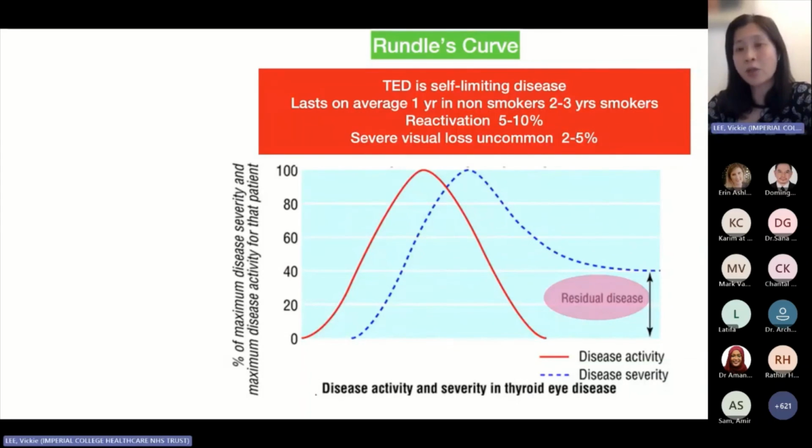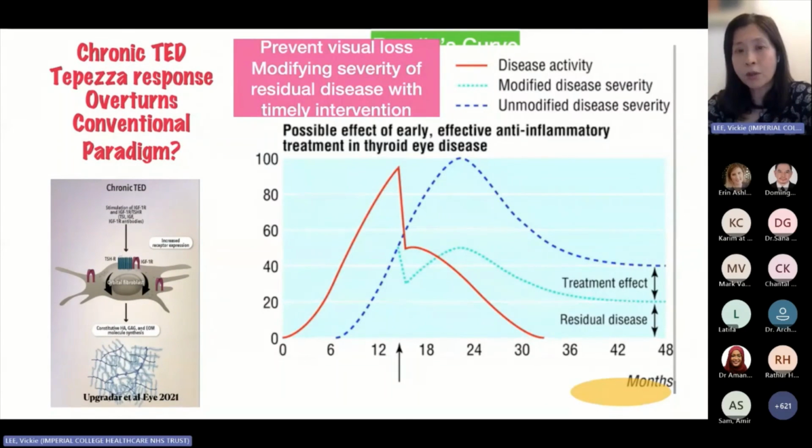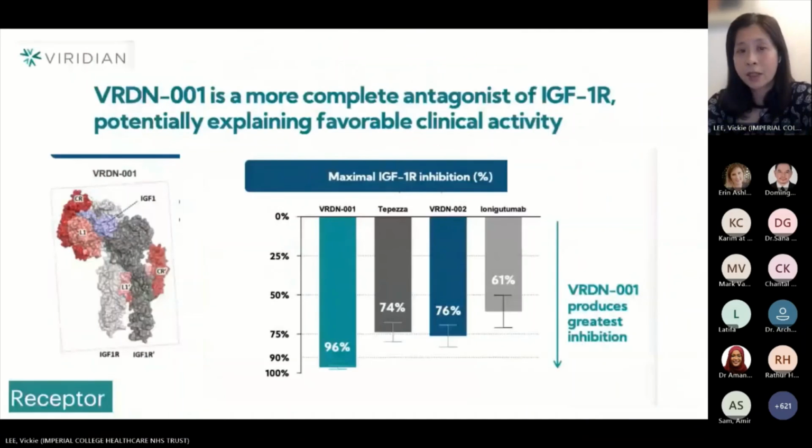It's a very comforting assumption that the eye disease reaches a peak and then burns out. And so some patients may reactivate, but everybody trundles along a very stable course. And we should treat because we can affect it in the early stages. But now, given that Tepezza also affects the disease in the chronic phase, we can think about Rundle's curve rapidly disappearing.